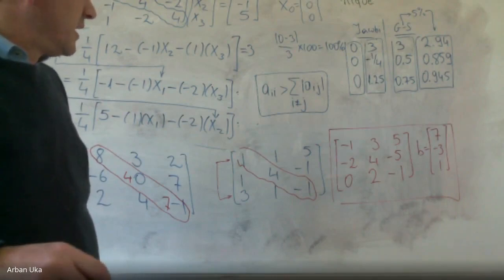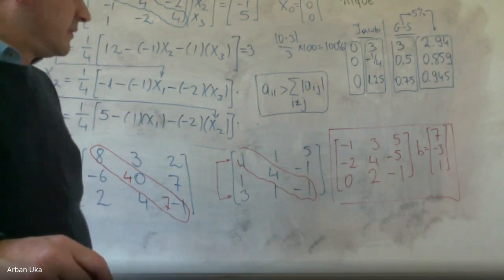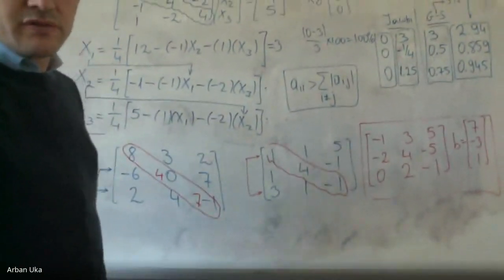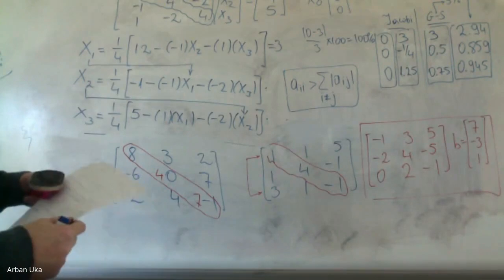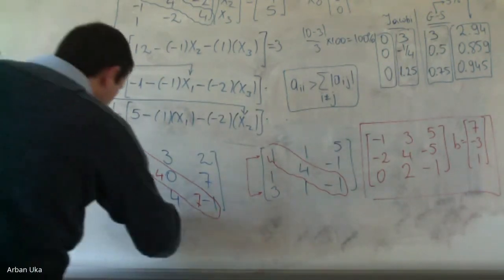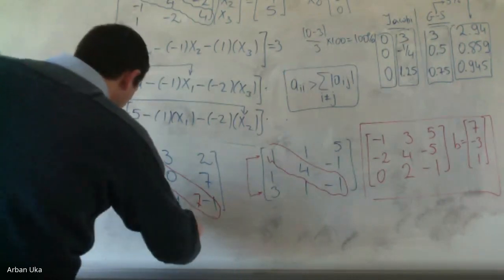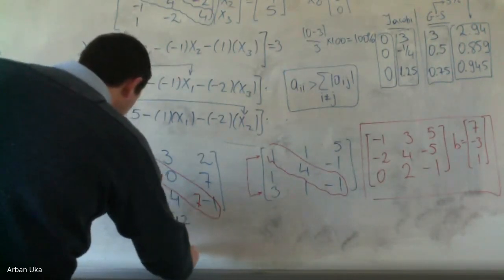Let me give this as an exercise for you, and this will be the first thing that I'm going to ask you next time. Assume that the B here for this exercise, I will give a break. This is 12, 1, 5.